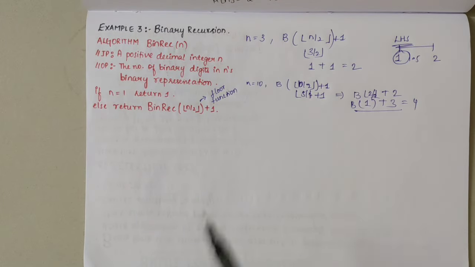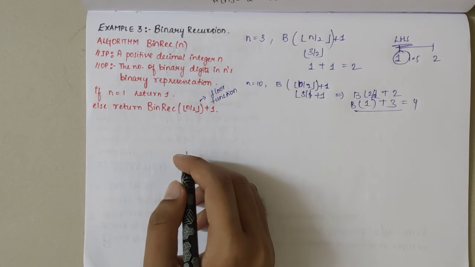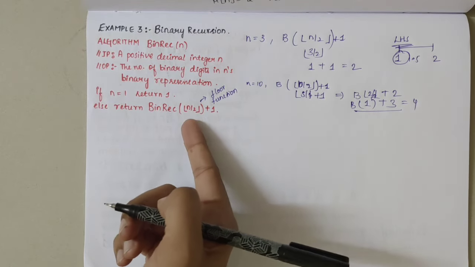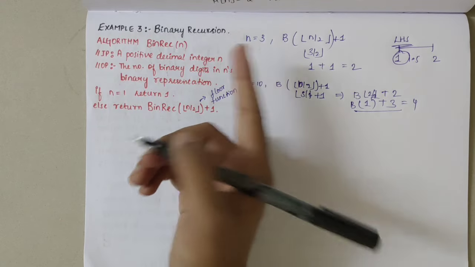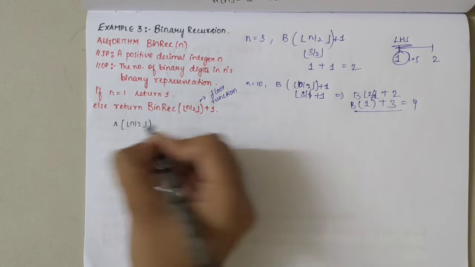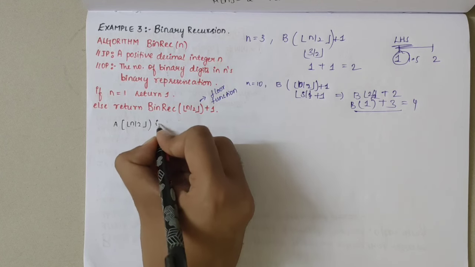Now we'll look into the analysis part. The number of additions made in computing binary recursion, that is floor division of n by 2, is A of floor n by 2.